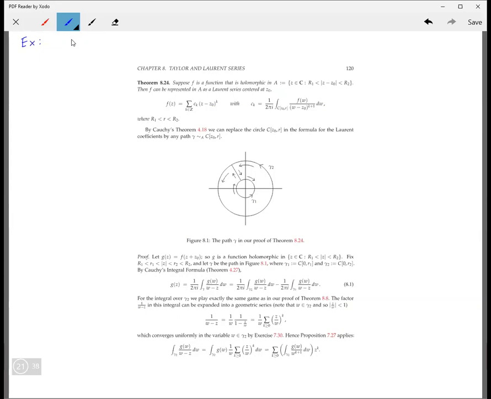Okay, so we'll go z plus 3 over z minus 1 squared, centered at z naught equals 1.